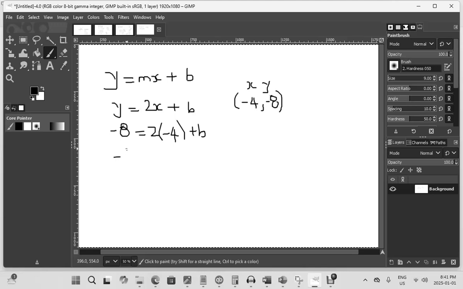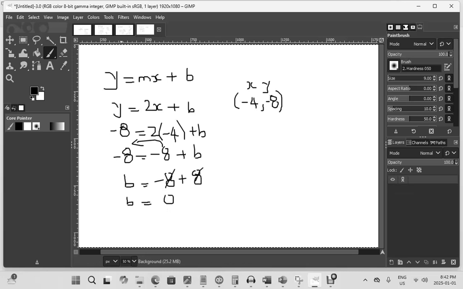So negative 8 equals negative 8 plus b. So b equals negative 8 plus 8, because this goes on the other side. Negative 8 plus 8 cancel out, and your y-intercept will be 0.